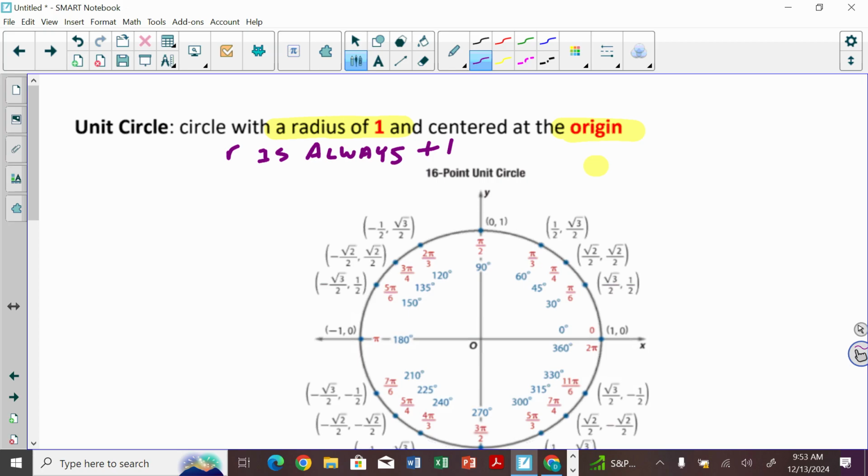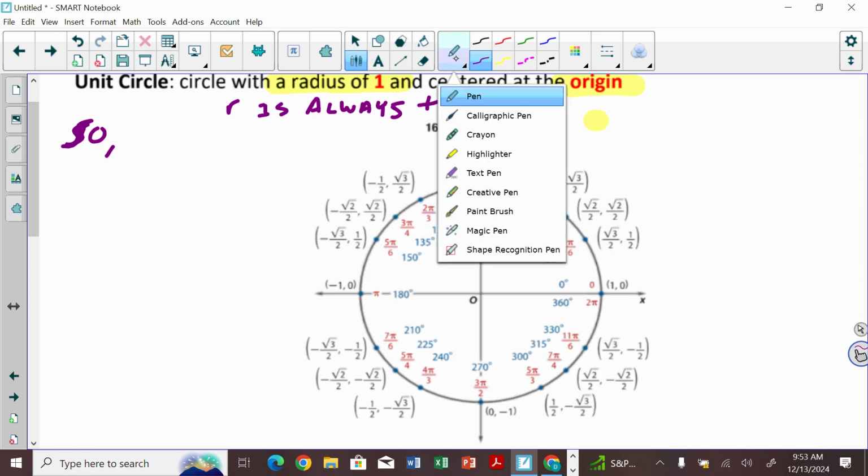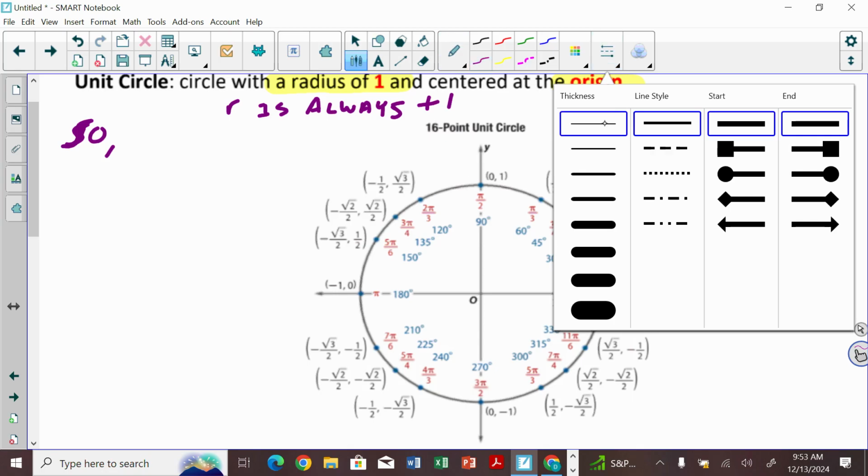So what does that mean? We have this unit circle, and I will give you a sheet with all these values on there. Obviously, you can use the notes, or you can use the reference sheet I'm going to give you. But because r is always positive 1, if you have sine t, they just use t as a point on the circle.